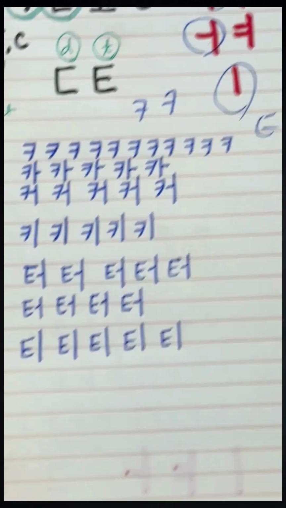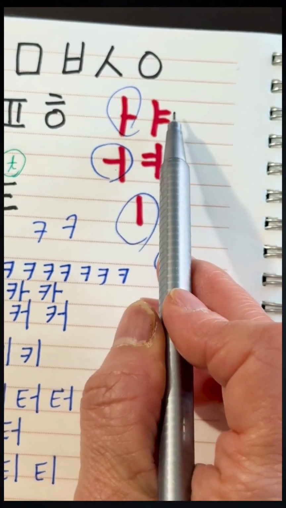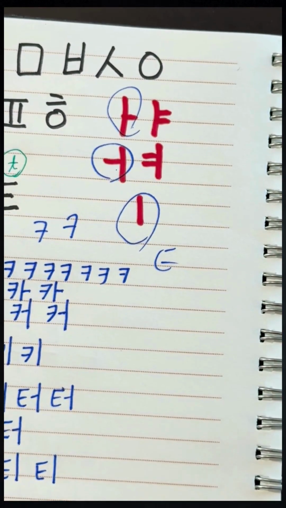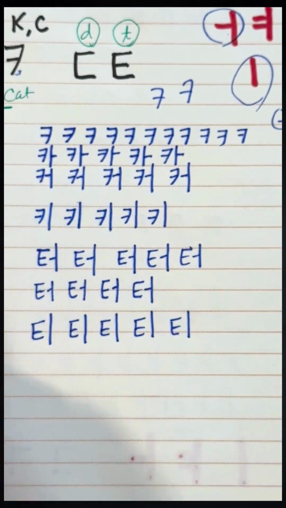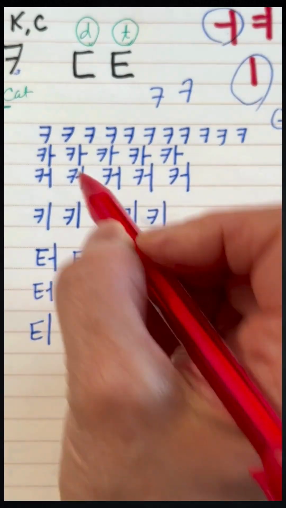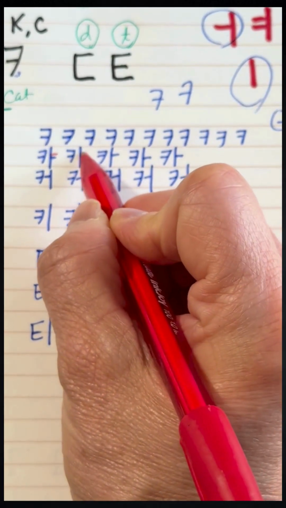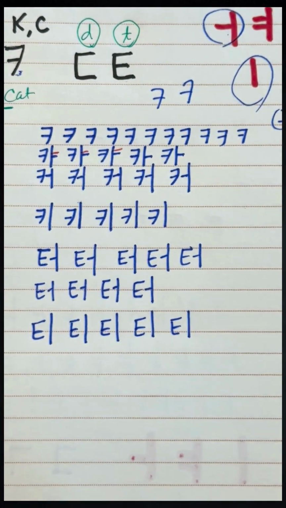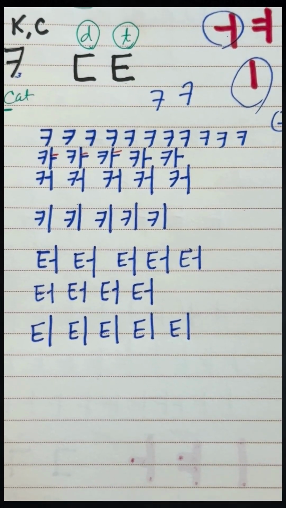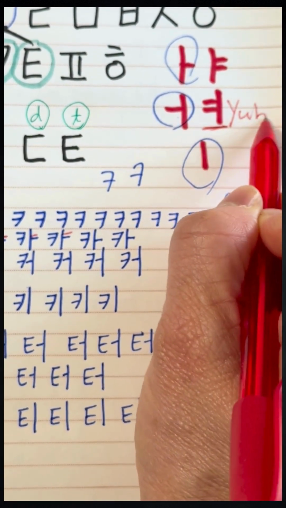Now we'll just do a little bit more. Ya and yo. How about ka? This was ka, and I say ka, with the Y sound. You add one more. 캬. Ka, right? How about tya?